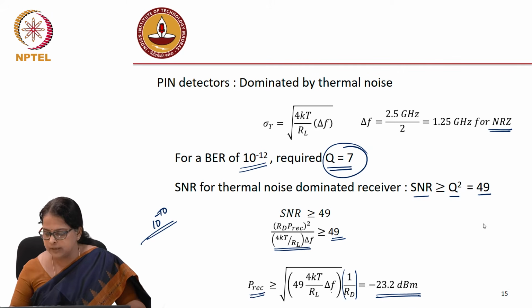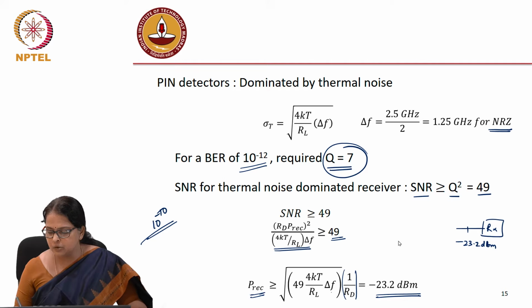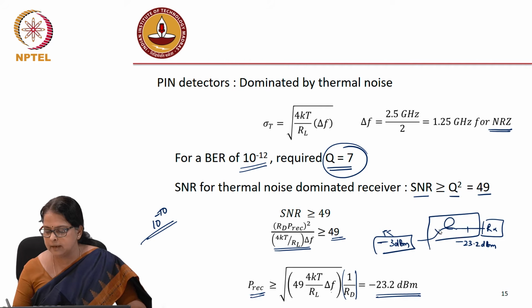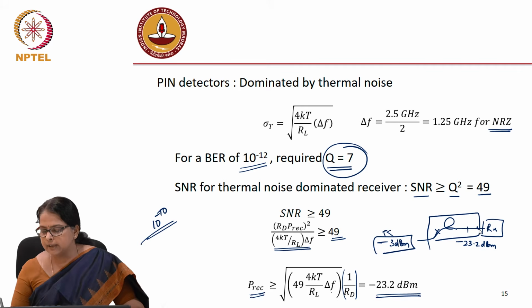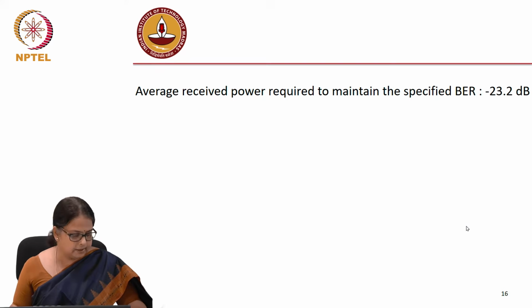So which means you know that at the receiver, you need to have a power of -23.2 dBm. You know that the transmitter has a power of -3 dBm. So you can now calculate what the fiber length can be, considering the splice loss and connector loss. That calculation is similar to the previous.